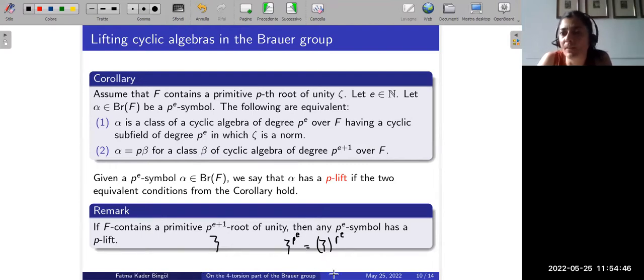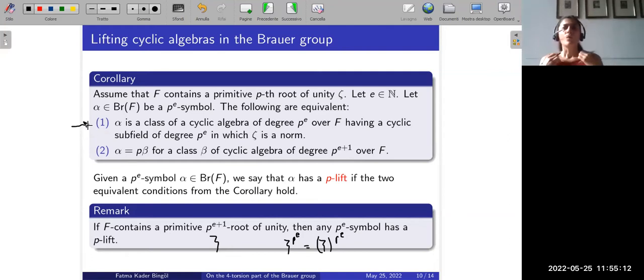So a p to the power e symbol, of course, will have a cyclic subfield, and because of the hypothesis on F, I will be able to see this primitive p-th root of unity as a norm, and this tells you that you are satisfying item 1, and hence you have a p-lift.